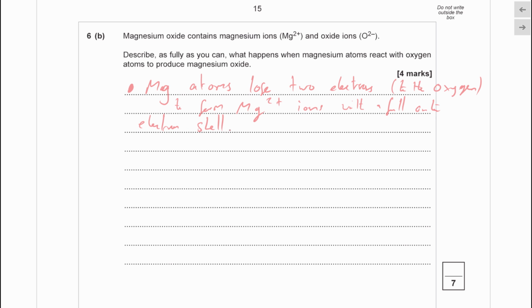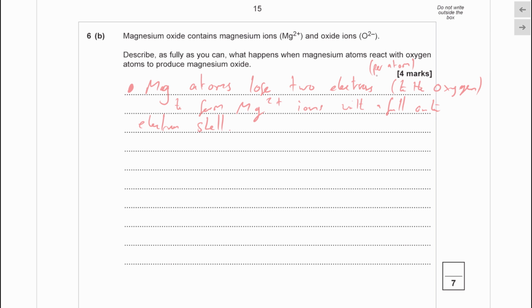This is actually multiple points all in one, because the magnesium atoms losing electrons is a point. The fact that they lose 2 electrons, this is per atom, so I'll just put in here per atom, just so we're 100% clear, to form 2+ ions with a full outer electron shell. So now we've also stated that we've got full outer shells on our magnesium.